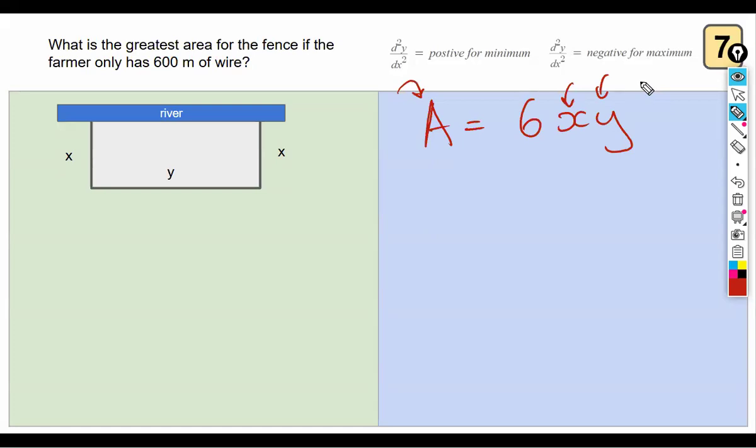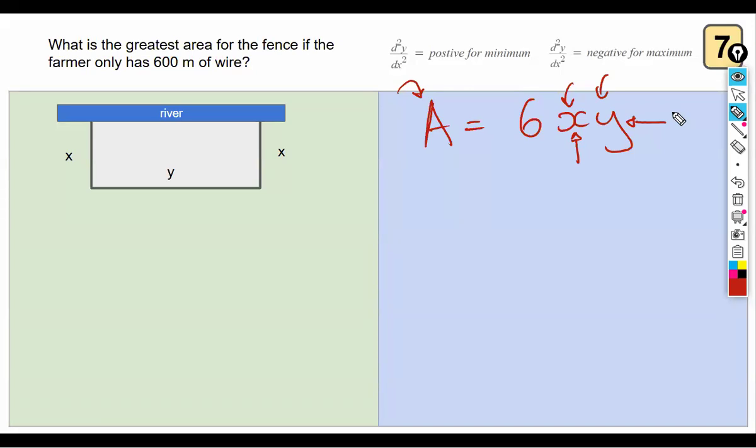So what do you do in a situation when there are 3 variables? Well, you're going to have to find a way to get rid of one of the variables so that you only end up with how much? 2. So let me just repeat that. If you are in a situation where you have 3 variables, you cannot work that out. You need to figure out a way to replace one of the variables.